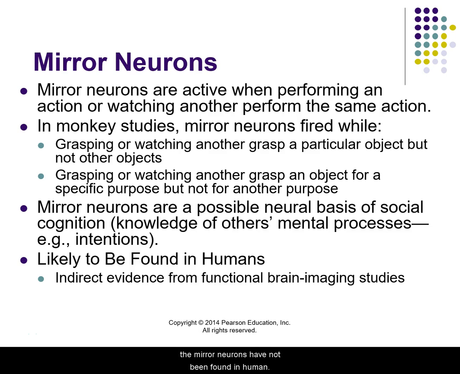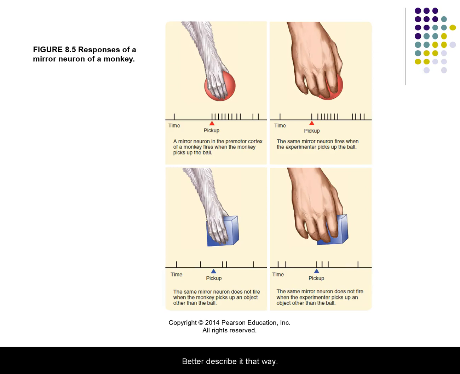Mirror neurons have not been found in humans, but lots of research has been done in primates. Mirror neurons are active when performing an action or watching another perform the same action. I want to guide you to figure 8.5, on page 195. Actually, it's the next slide over, so let's go to that slide. It's better to describe it that way.